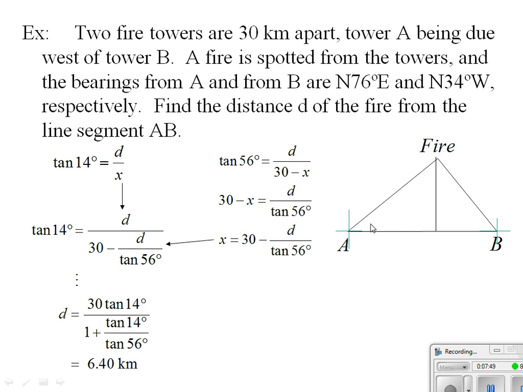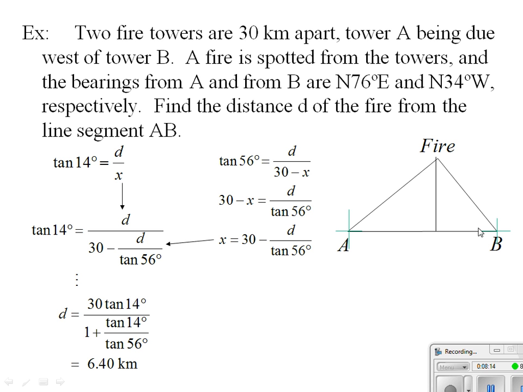So the interior would be the complement of 76. So if I do 90 minus 76, I get 14. So in my triangle, this angle here must be 14 over by A. From point B, I again did my little north, south, east, west compass, and here it gives a bearing north 34 west. So picture facing north, tipping in the western direction by 34 degrees.